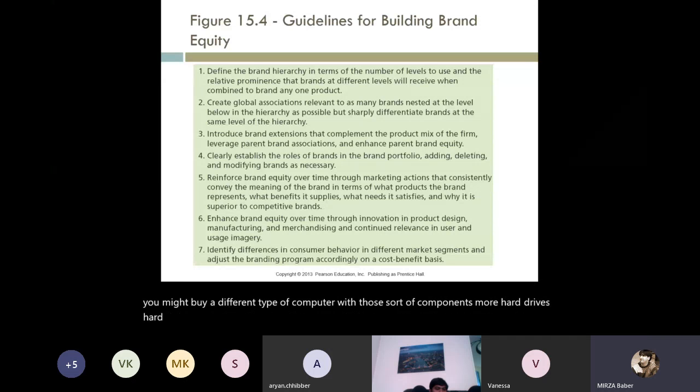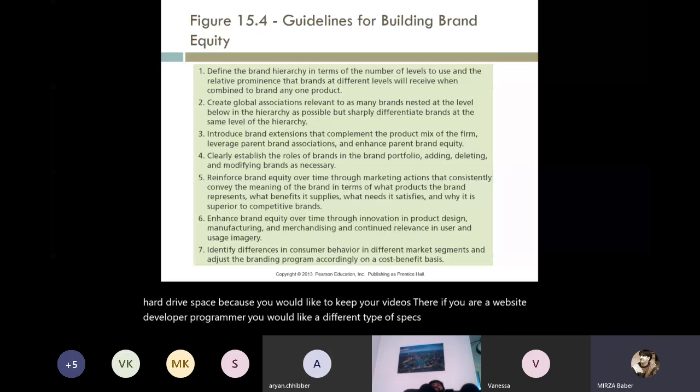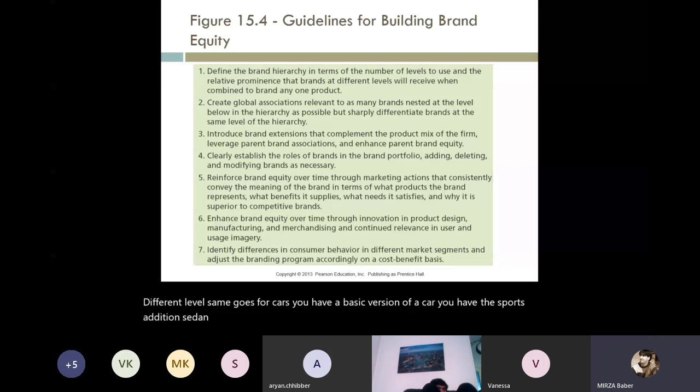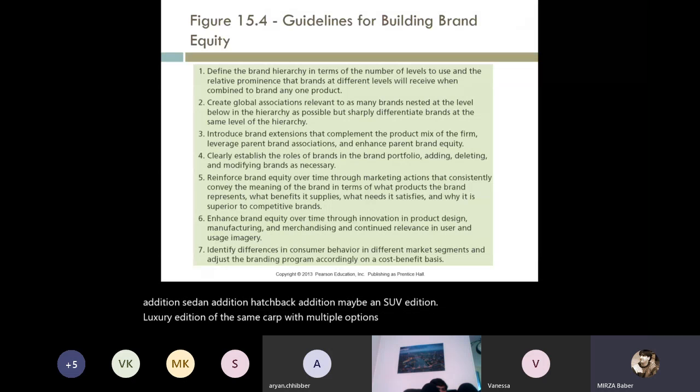If you are a website developer, a programmer, you would like different specs. So you have a computer, but at a different level. Same goes for cars. You have a basic version of a car. You have the sports edition, sedan edition, hatchback edition, maybe an SUV edition, luxury edition of the same car with multiple options. So how do you want to elevate your brand from there?